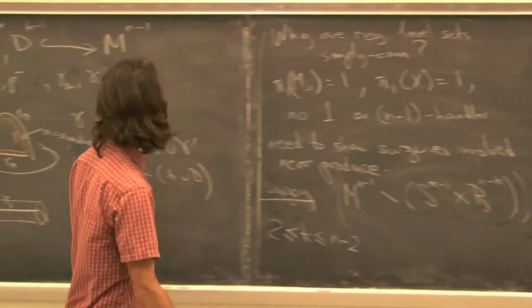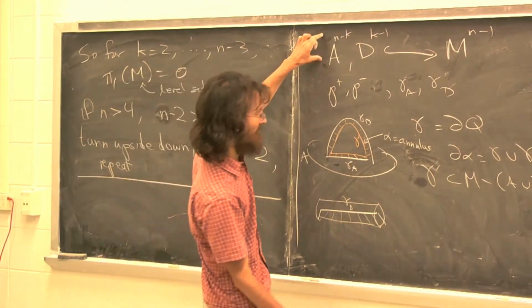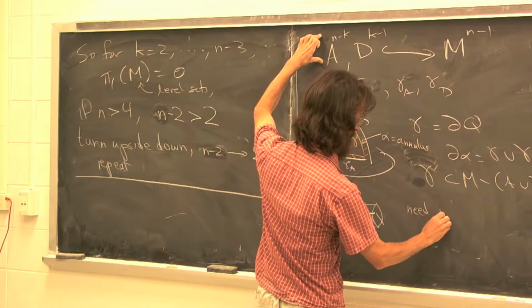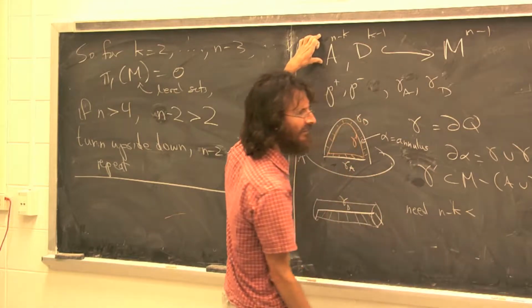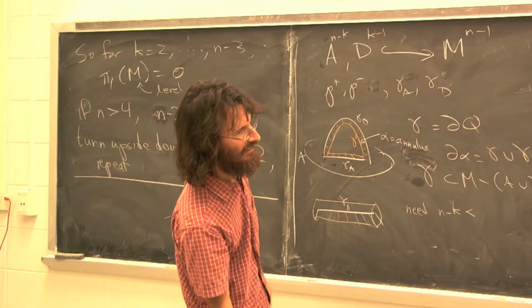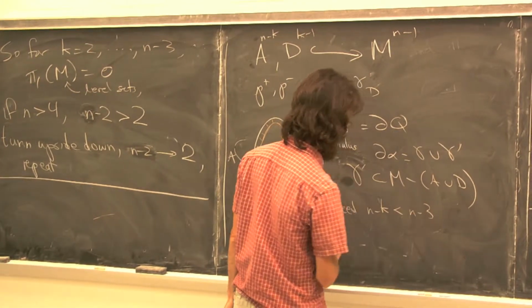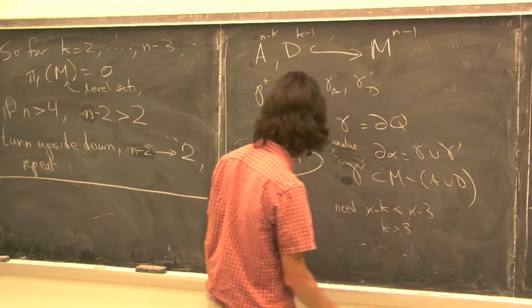So in one case I need n minus k, that's our L, to be less than n minus 3. Cancel, and that means we need k to be bigger than 3.